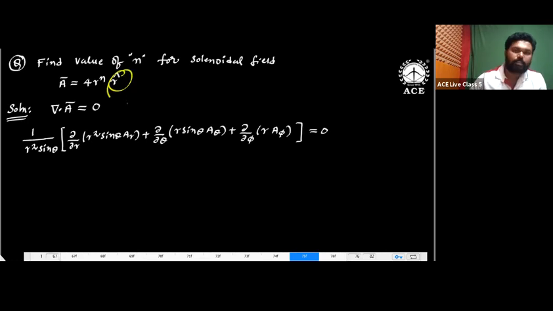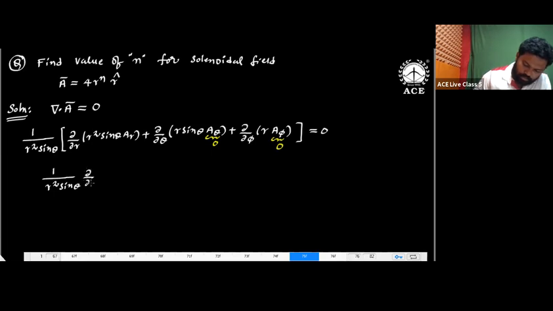Here, what is given has only the r component, so this part is 0 and this part is 0, beta. This implies, in other words, 1 by r square sine theta dou by dou r of r square sine theta into A r.